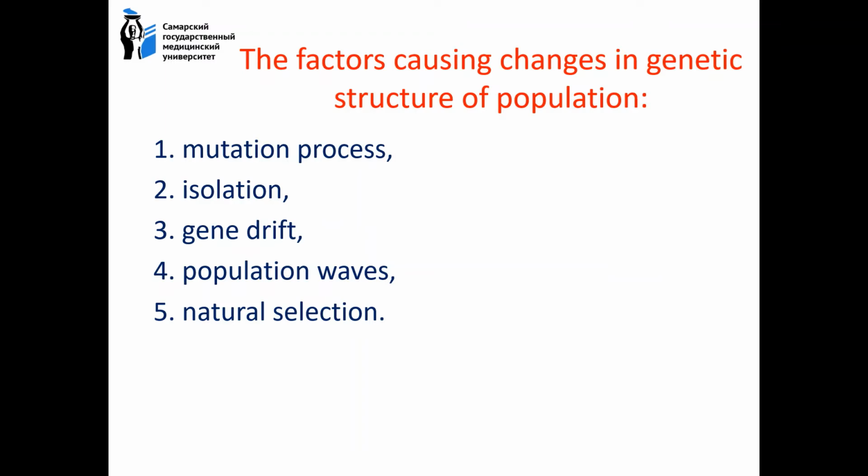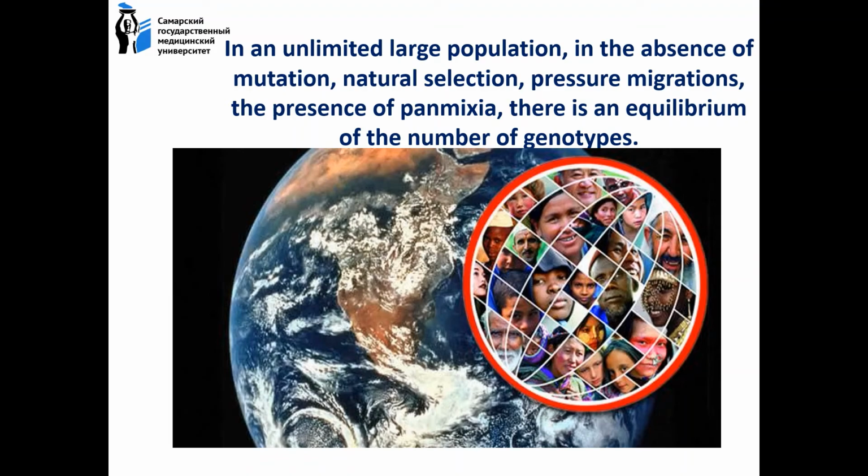So, the Hardy-Weinberg law for human population is amended. Wording of the law of Hardy-Weinberg for human population is: in an unlimited large population, in the absence of mutation, natural selection, migration pressure, and with the presence of panmixia, there is an equilibrium of the number of genotypes.